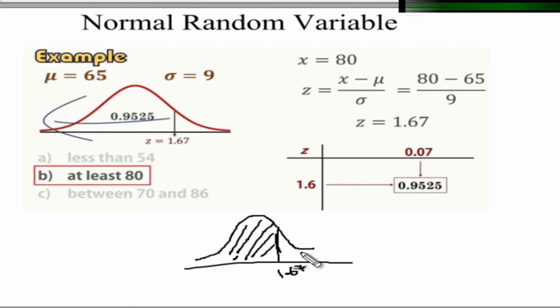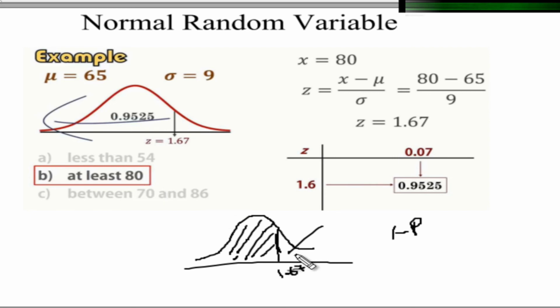If you want to find out the higher value, what will you do? You will subtract it from 1. This overall is 1. You have to find this one. You don't have to find the other one, because you are asked to find the value which is at least 80. You have to find the values which are greater than 80, not the values which are less than 80.